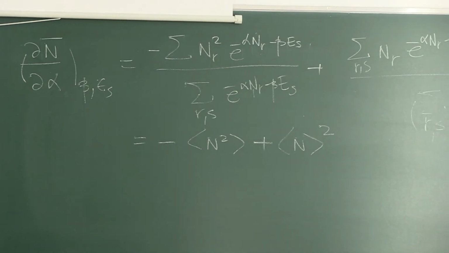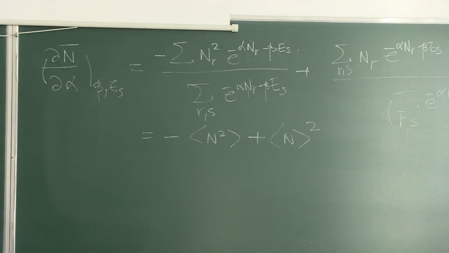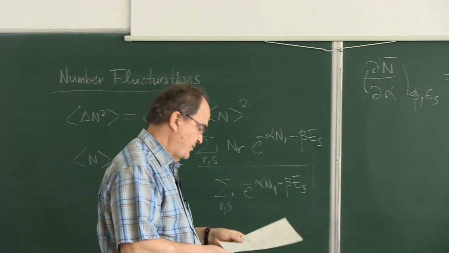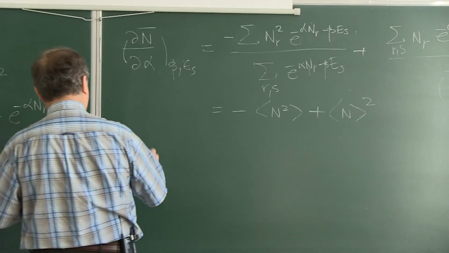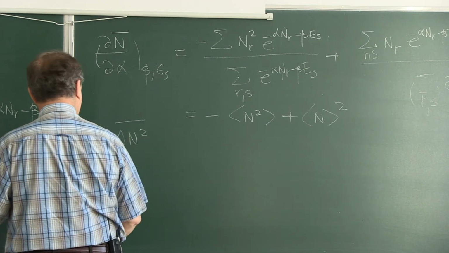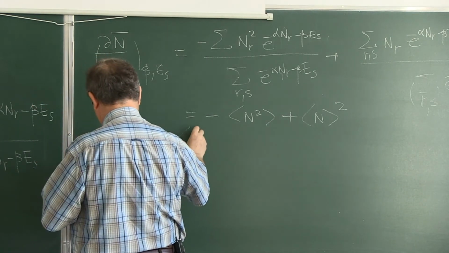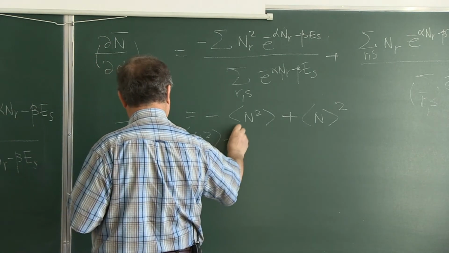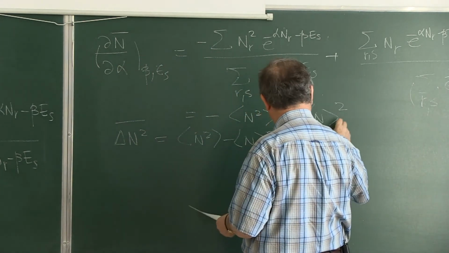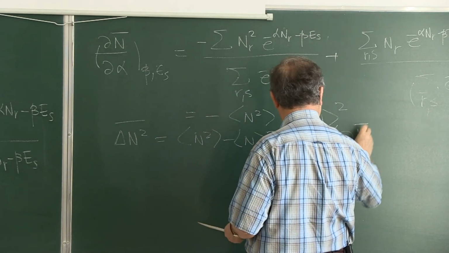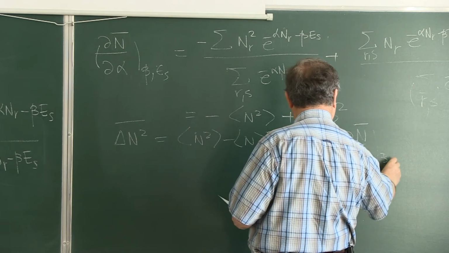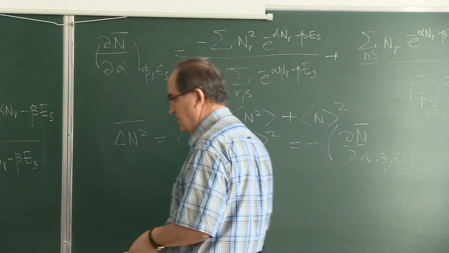So the negative of that derivative is exactly the quantity we are looking for. So delta n squared average, which is n squared average minus n average squared, must be equal to minus del n bar del alpha, yes.